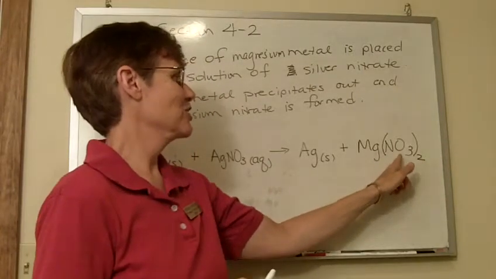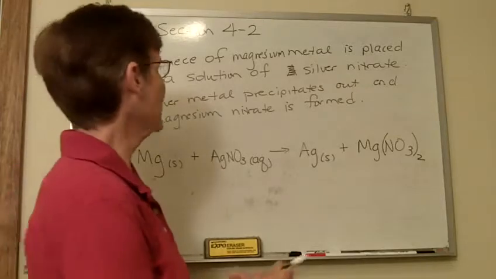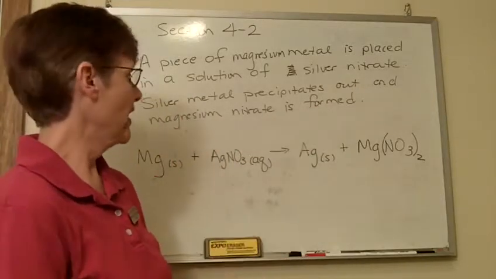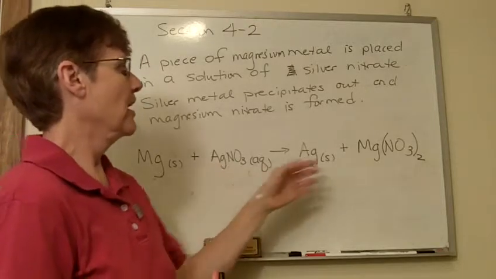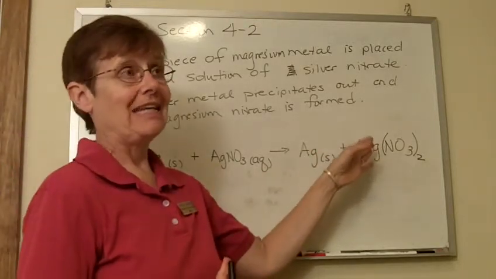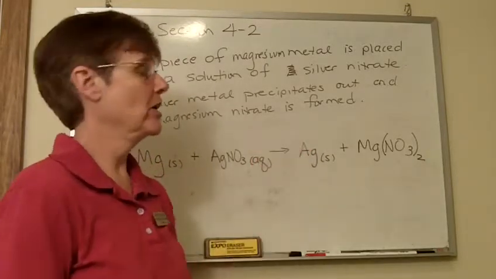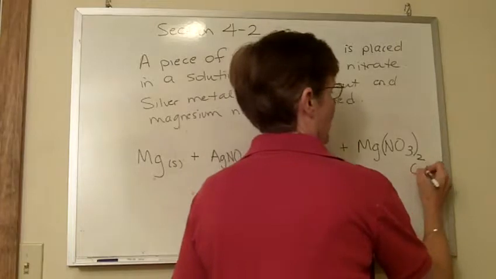So now we have magnesium nitrate. And that apparently is, it says it's formed. So now I have in this water solution an ionic compound. It didn't say it precipitated out, so I'm going to assume that this didn't precipitate out and it's dissolved in there. I'm going to make it an AQ.